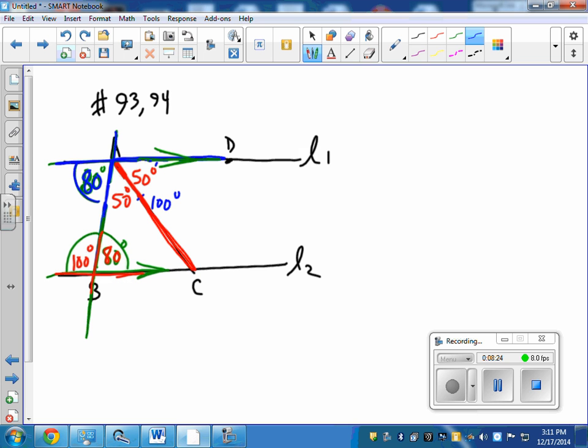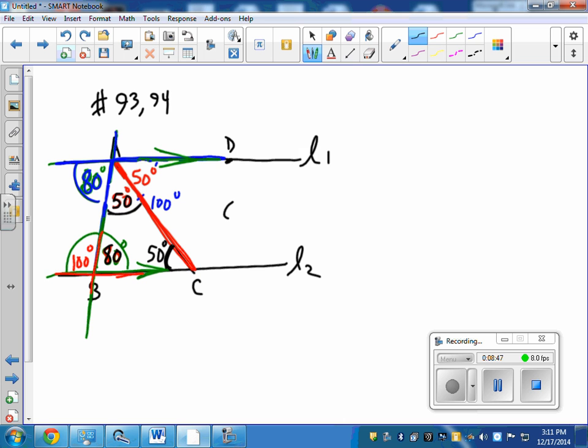Now, what can we say about this triangle? Well, I guess we should find this poor little lonely angle over here by itself. We do know the angles of a triangle have got to add up to 180. We've already got 80 degrees here. We've got 50 degrees here. So this has got to be 50 degrees over here. And lo and behold, we have two angles that are the same.